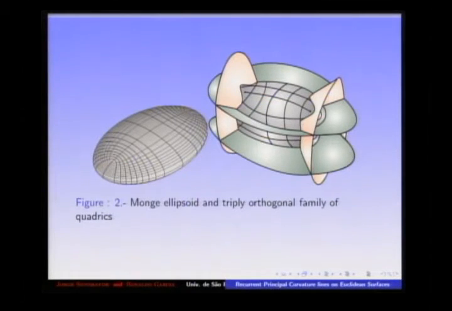Then if two members of different families cross, for instance, just to be specific, the ellipsoids will cross the hyperboloids of one sheet here, then the intersection is a line of curvature of both.